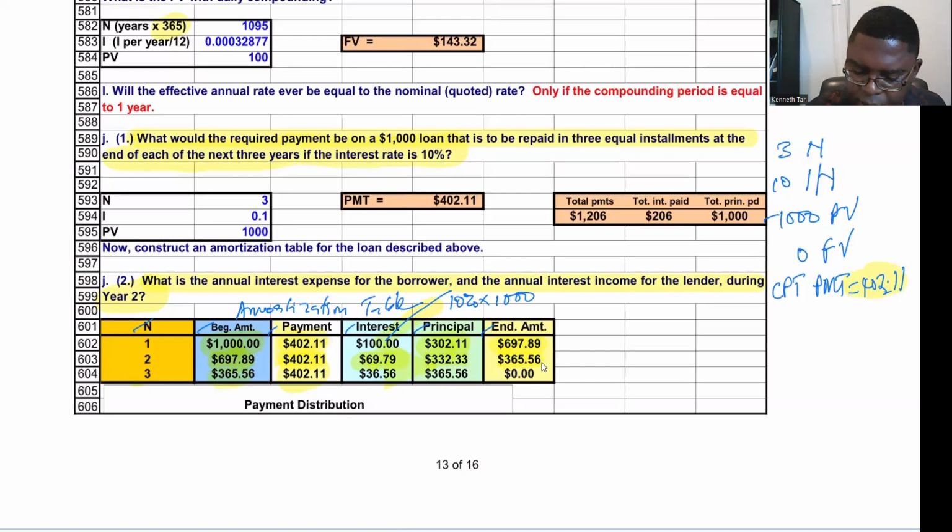We take that to go, that becomes the beginning balance year 3. Regular payment is made. 10% interest, 10% of the beginning balance is 36.56. We take 36.56 off of the payment that was made, 402.11. That goes to the principal, which is 365.56. And that subtracts from the original, and it leaves us with an end balance of 0.